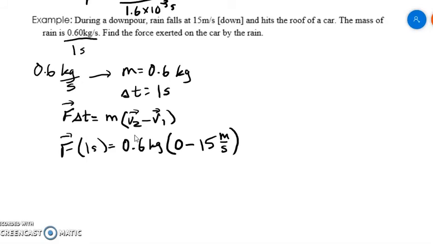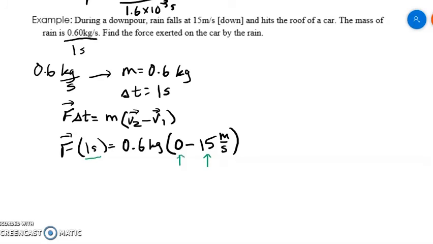Now at this point I need to tell you that this question is really no good because this time is not really talking about how much rain we're talking about. This time is supposed to be how much time it takes to slow down to 0. So this time right over here is supposed to be the time it takes to start at 15 meters per second and end at 0 meters per second.